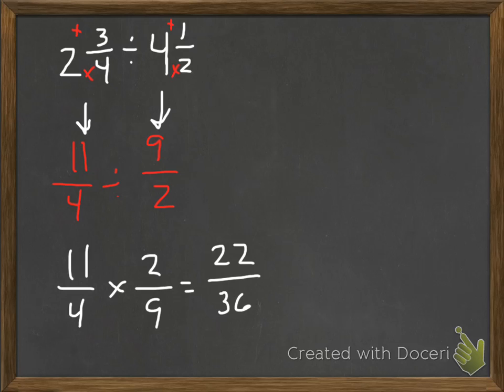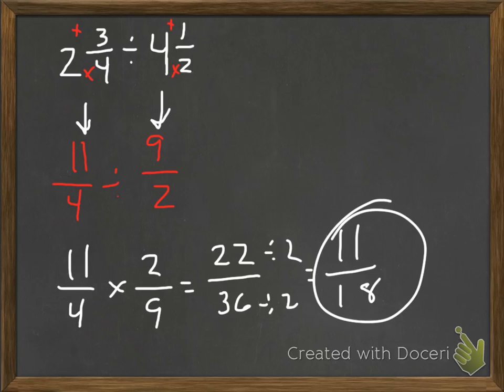So I'm just going to divide by 2. 22 divided by 2 is 11, and 36 divided by 2 is 18. And there's your answer. So just don't be afraid of the mixed numbers. Just change them to an improper fraction. Keep, flip, change, multiply, reduce.